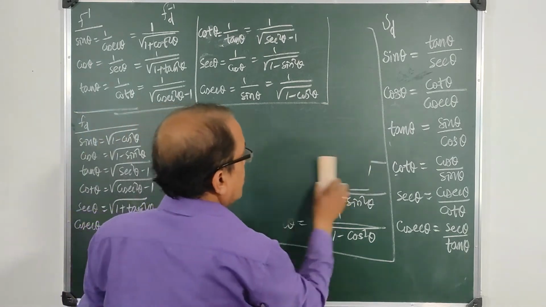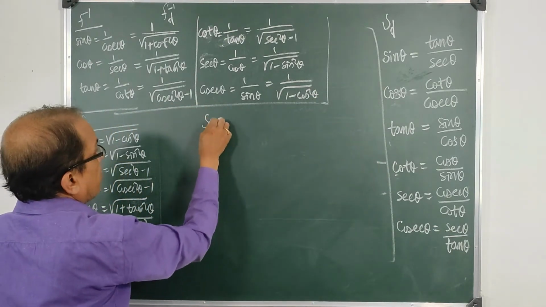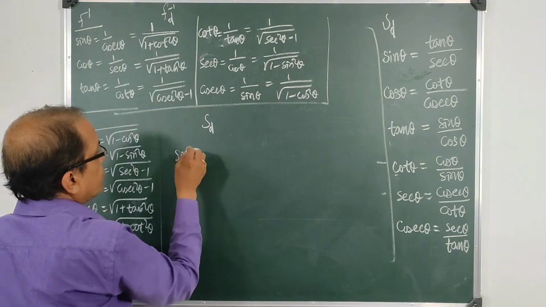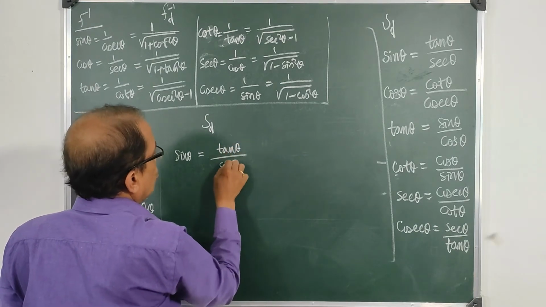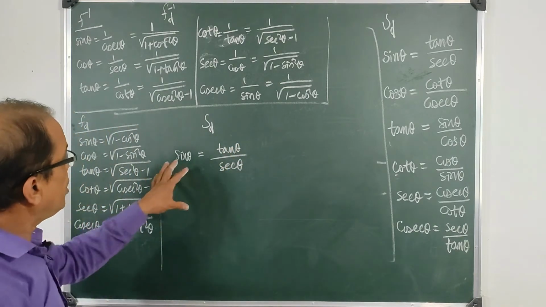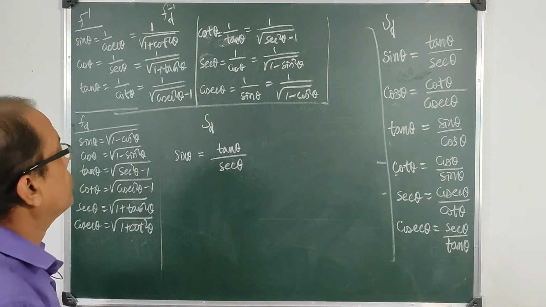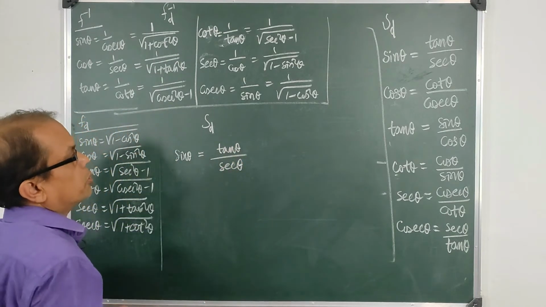Let us go for the final 2 sets, which are SD. I am taking 2 different ratios. Suppose sin theta is tan theta upon sec theta. We are here to describe each ratio in terms of another single ratio. So sin theta should be expressed in terms of tan only or in terms of sec only.